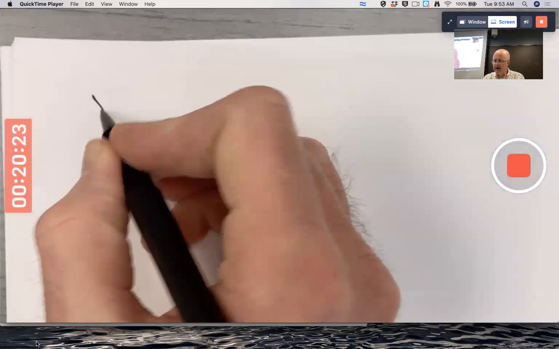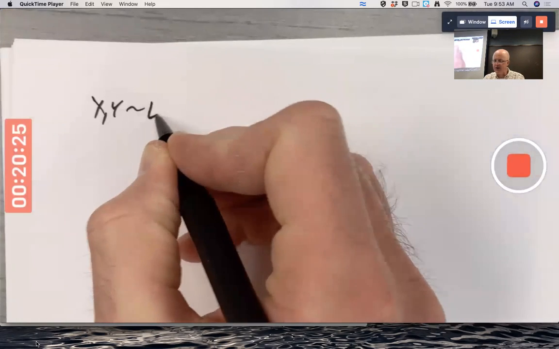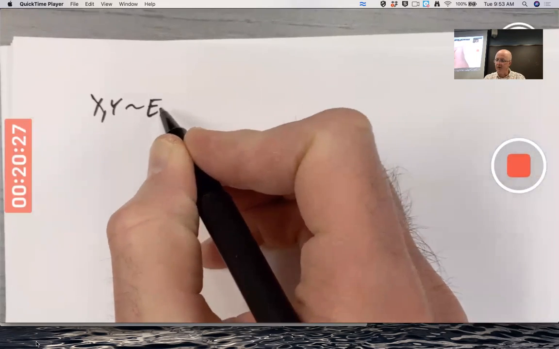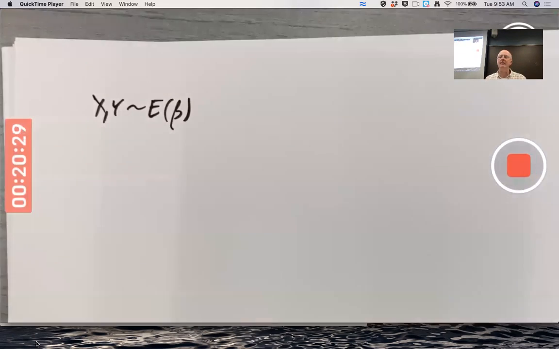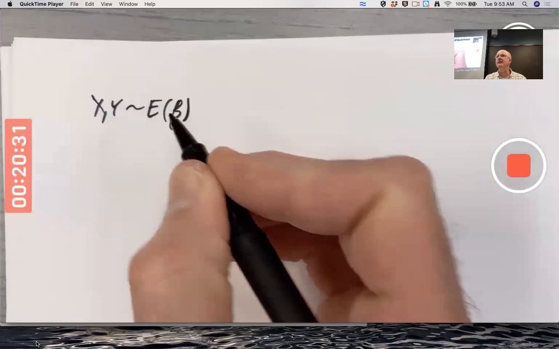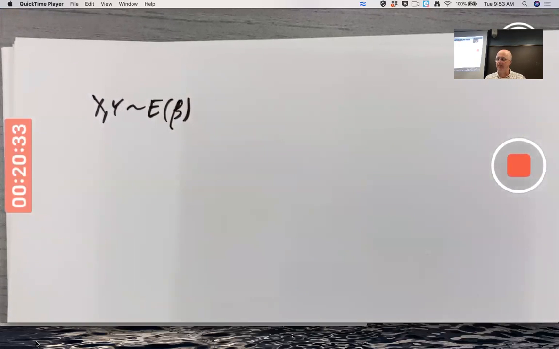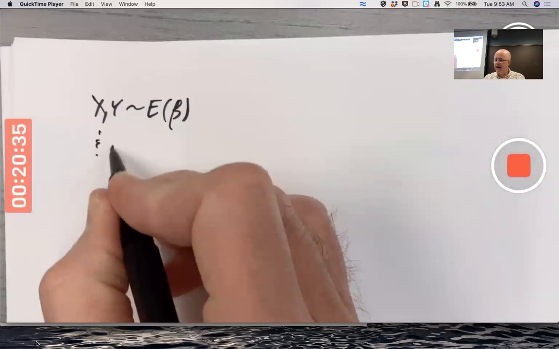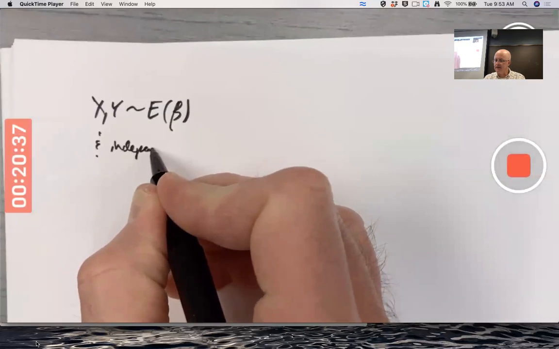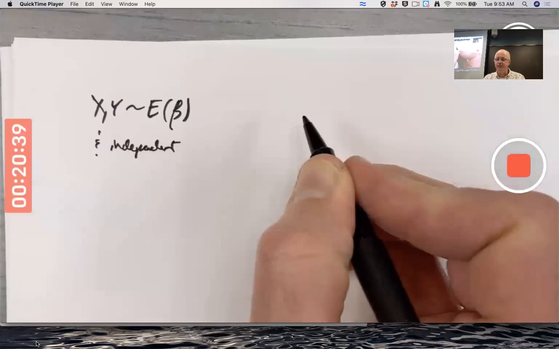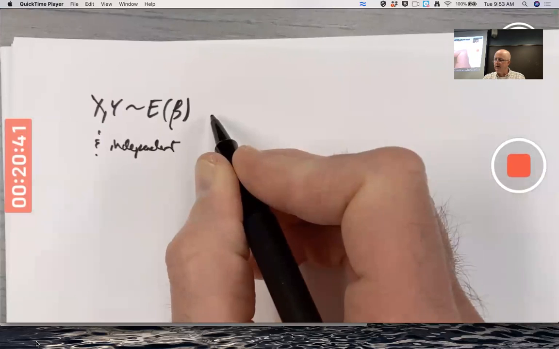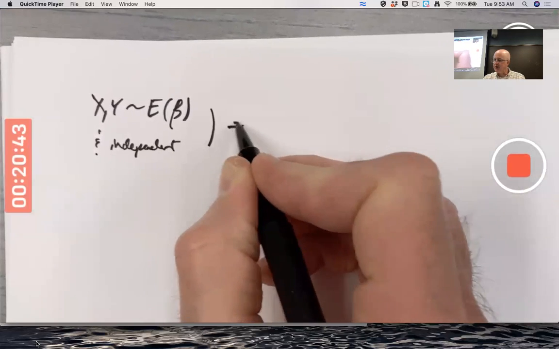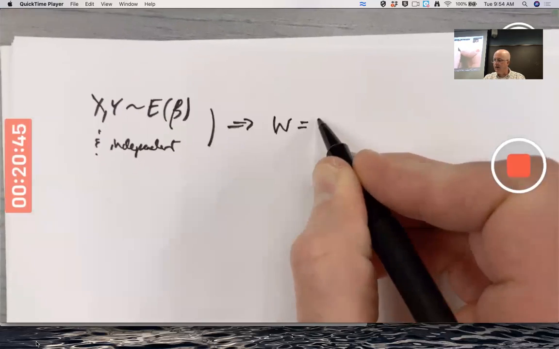So X and Y are going to be exponential with parameter beta. And remember, beta is the mean of that exponential. And they're going to be independent. Question is, what is the distribution of X plus Y?